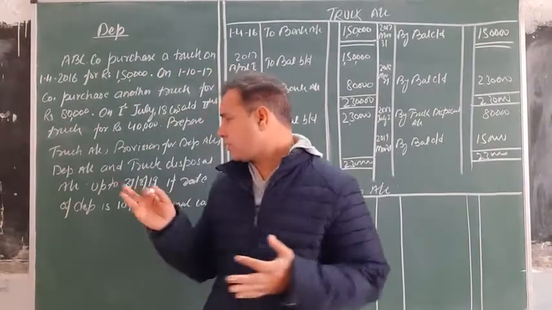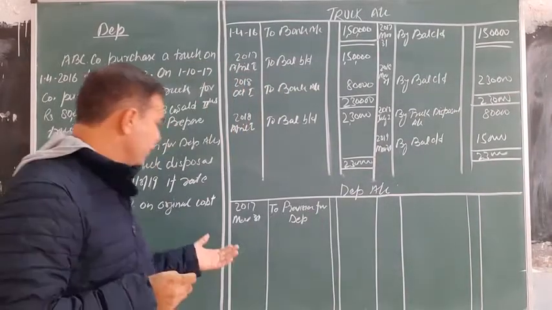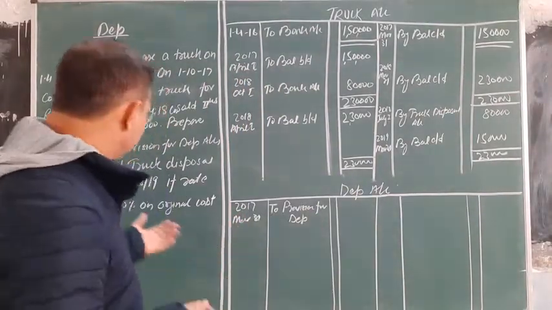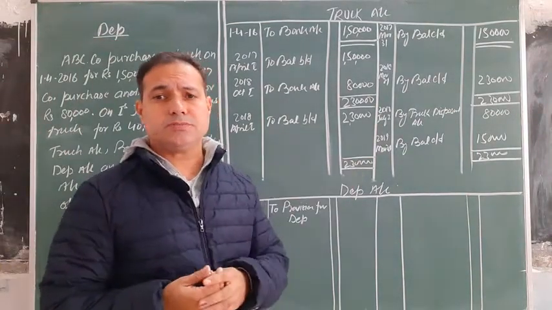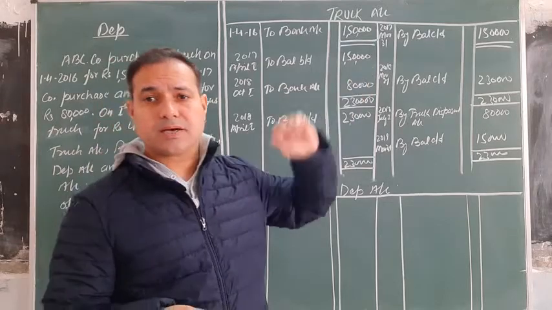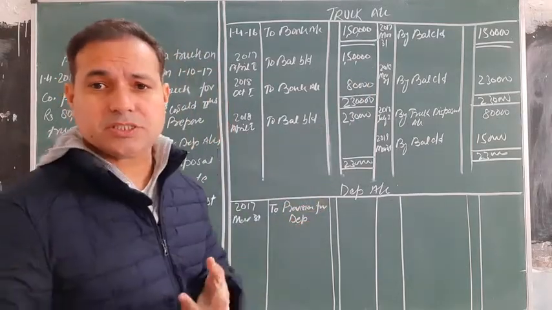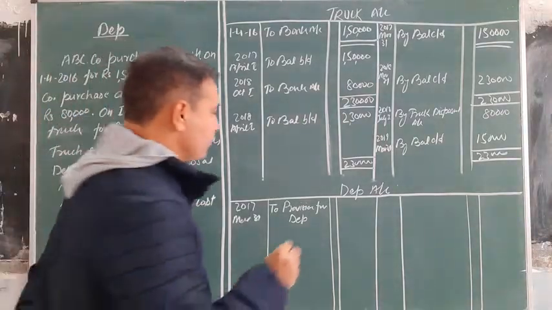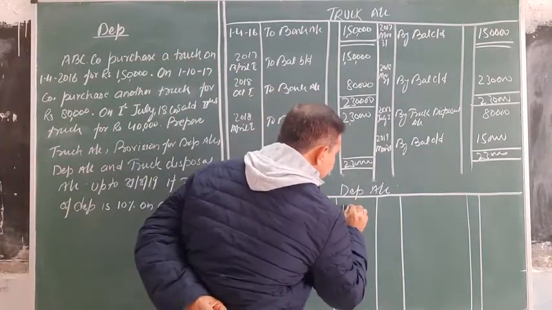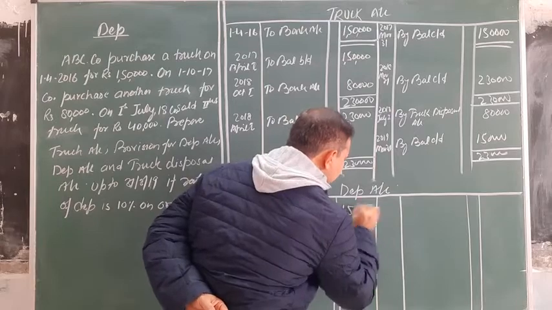The rate of depreciation is 10% on original cost. The first machine we have purchased for rupees 1,50,000, so we will charge depreciation 10% on 1,50,000. For the whole year it will be rupees 15,000.